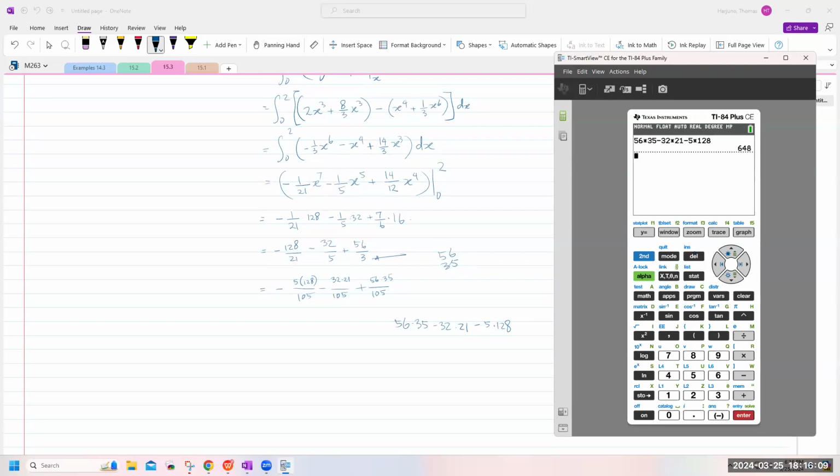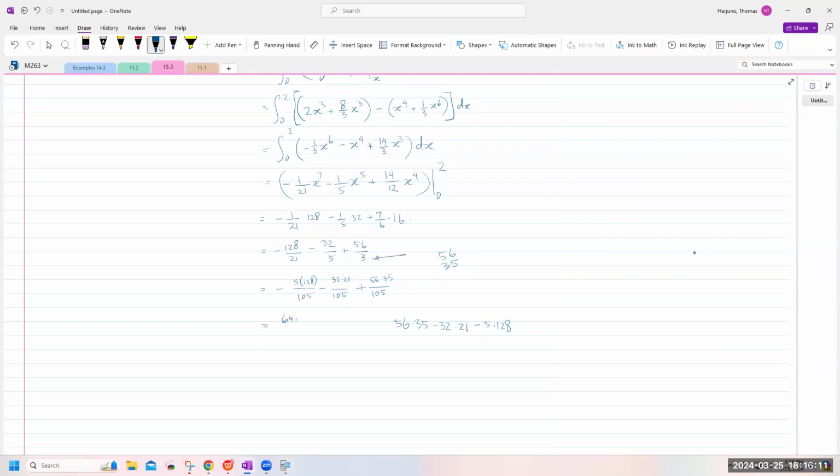648 over 105. Both of them are multiples of 3, so if I reduce by 3 at the bottom, I get 35. On the top, if I reduce by 3, I get 216. Yeah, the same, right?